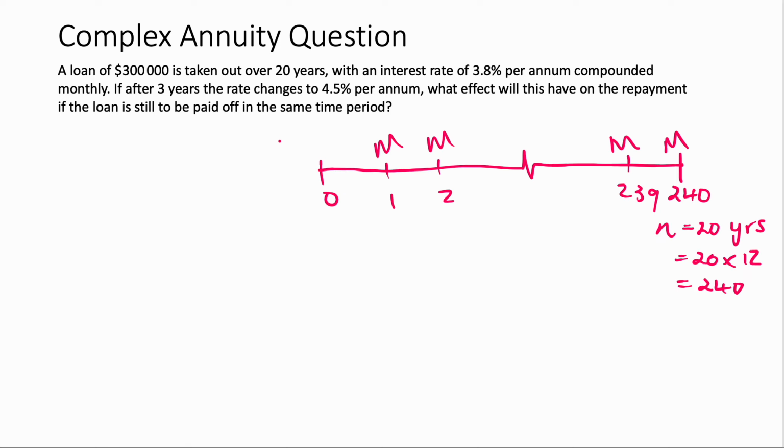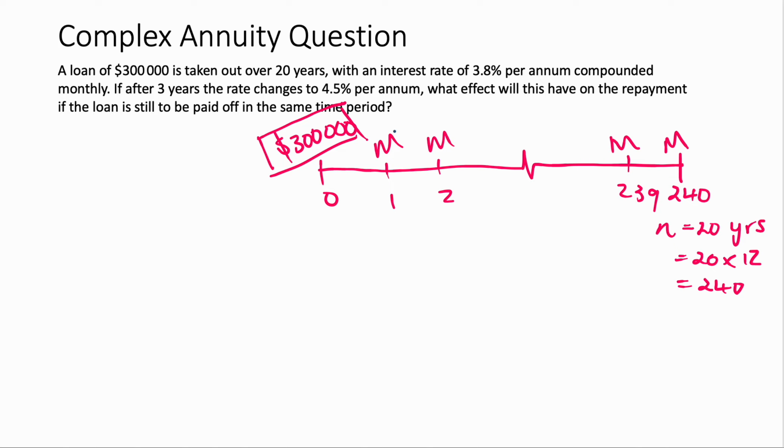Initially the bank has given us that loan of $300,000. So that's where our big lump sum of money is sitting. Now we want to work out which formula we're using.